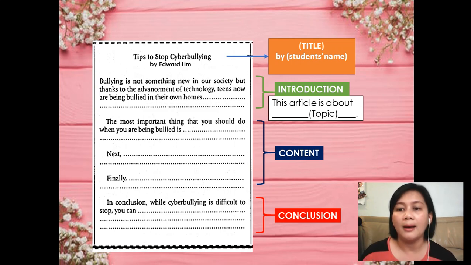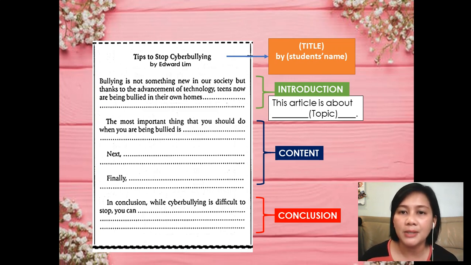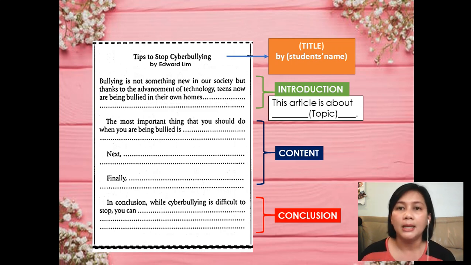If you are in the advanced group, I suggest you can write a longer essay, or you put in more content. All right, so these are the 4 things that you need to remember when you write an article: the title and your name, and then you go to the introduction, and then the content, and you conclude what you have written in your essay.